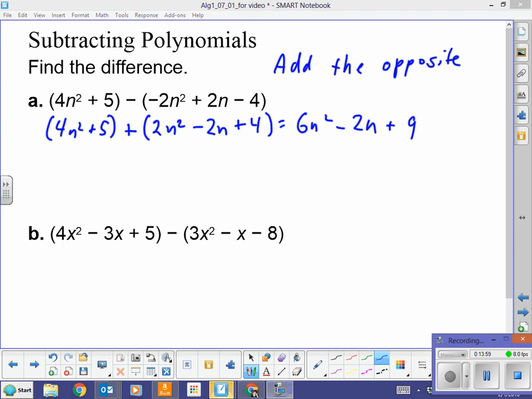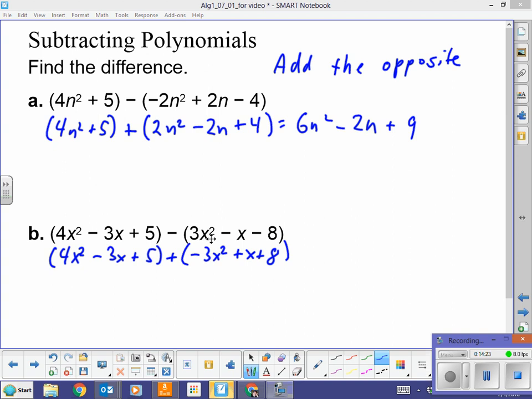Okay. And then for the next example, I'll do just one more example here. Again, the first polynomial stays the same. This becomes addition, and then I'm going to rewrite this as negative 3x squared plus x plus 8, adding the opposite. And that means the opposite of every term in here, because now look what happens if I add these together.